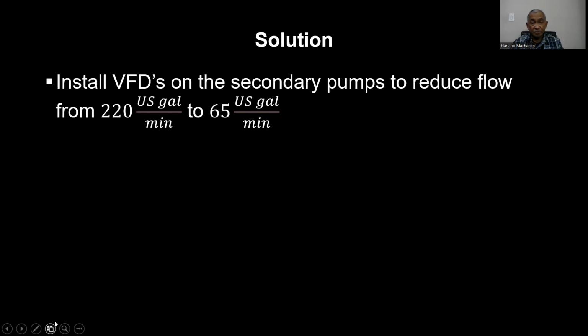And the solution: install a variable frequency drive on the secondary pump motors to reduce the flow from 220 US gallons per minute to 65 US gallons per minute. And how are we going to quantify whether the flow is already at 65 US gallons per minute? We measure it using an ultrasonic flow meter.